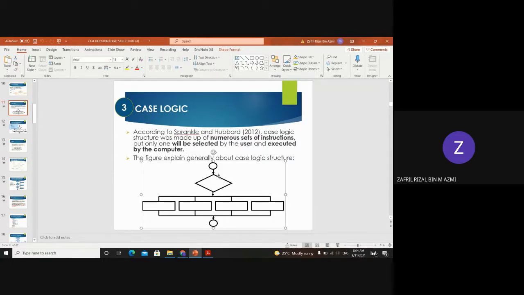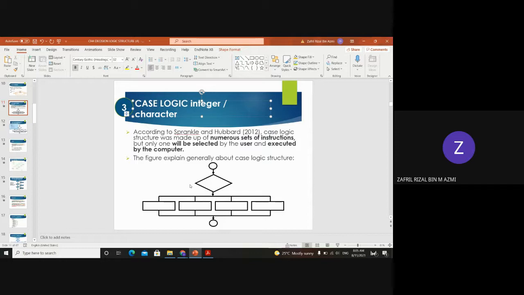But not all decisions can be implemented using case logic structure. We can only apply it in a condition involving an integer or a single character only inside the decision.